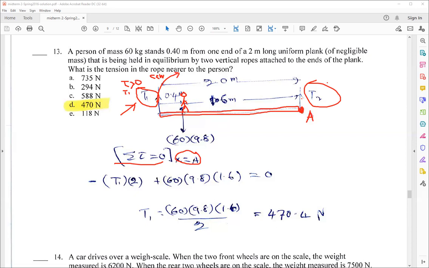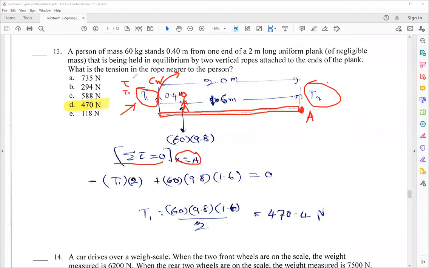Now how about weight? Sorry, this is not counterclockwise, my mistake. For tension 1, it's actually clockwise, and it's not positive. Because it's clockwise, it's going to be negative.